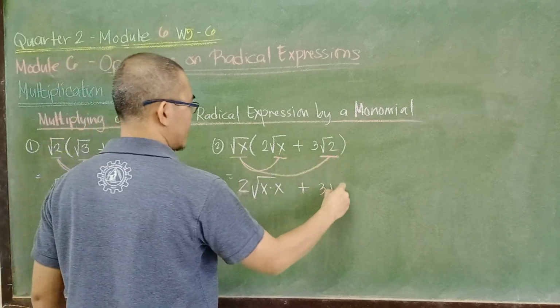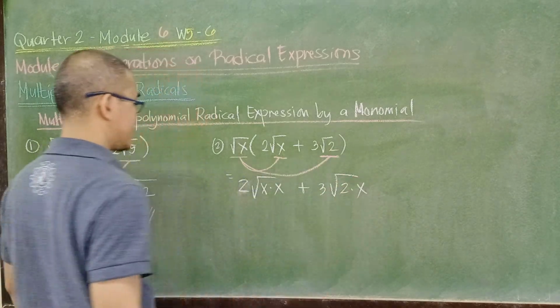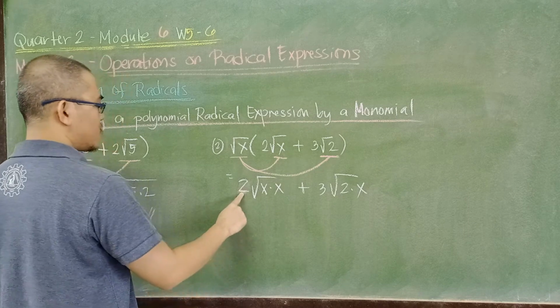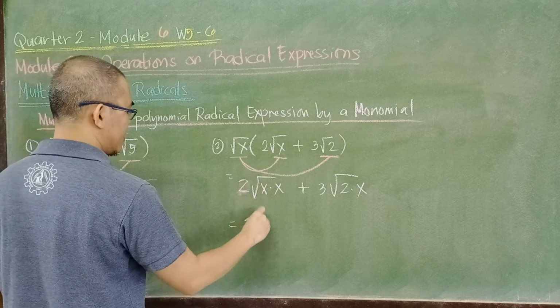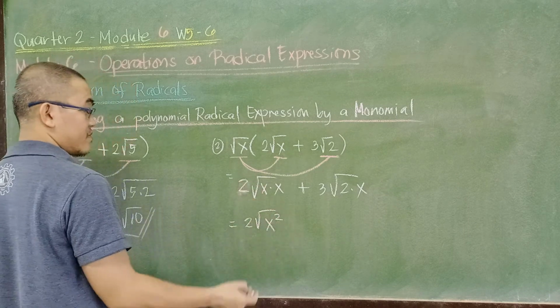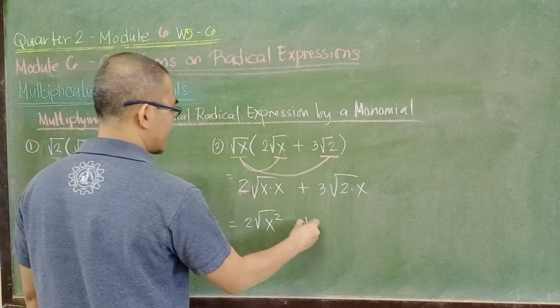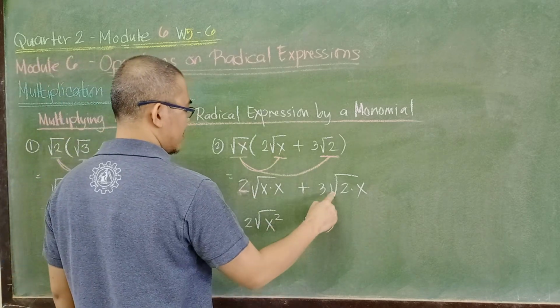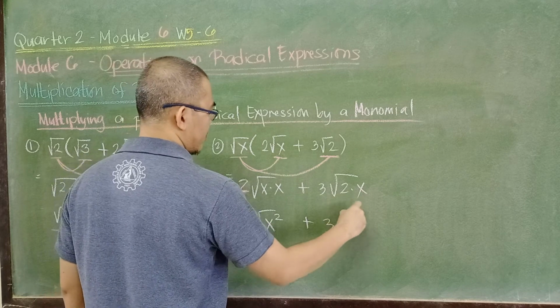X times 2, that is 2 times x. 2 square root of x times x, that is simply x squared. Dalawang x, that is x squared, plus 3 square root of 2 times x, that is square root of 2x.